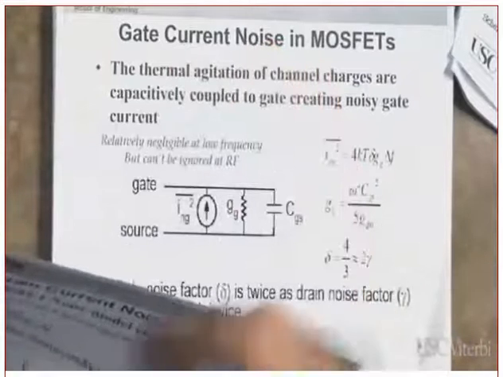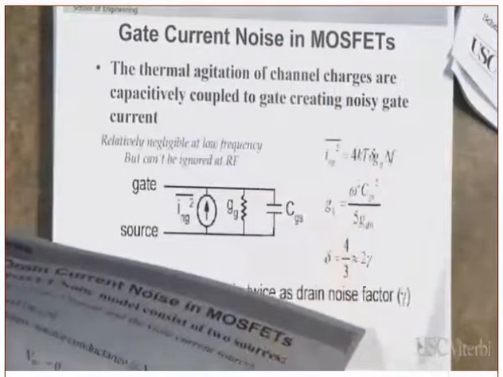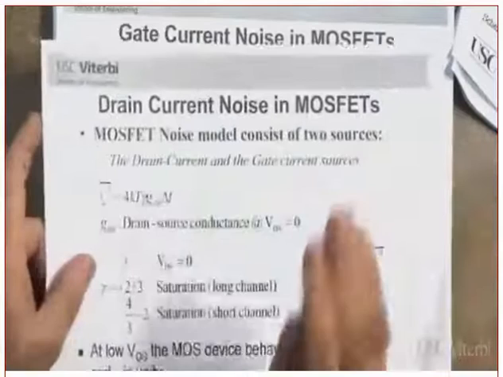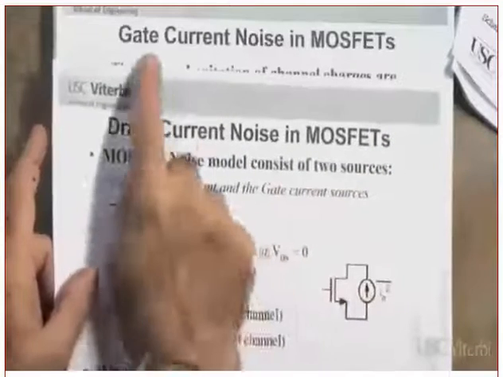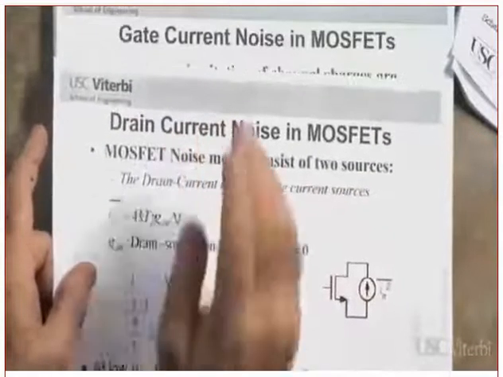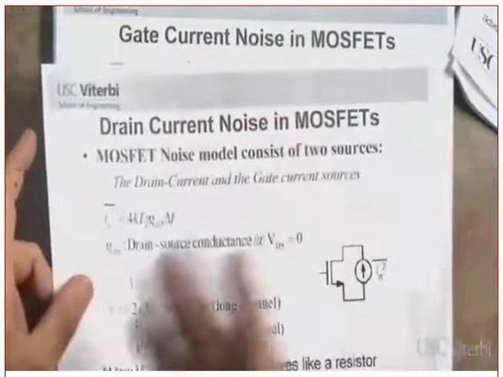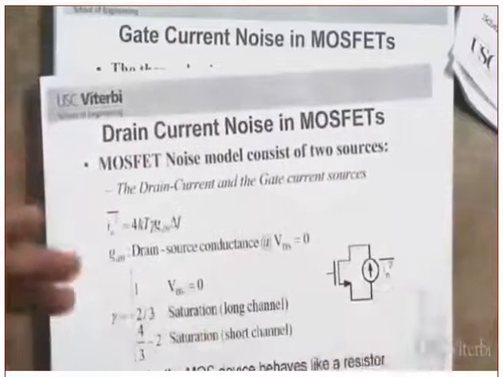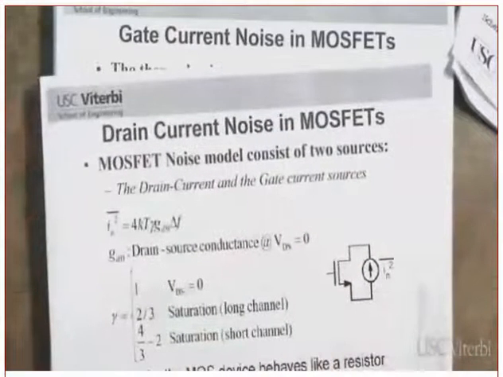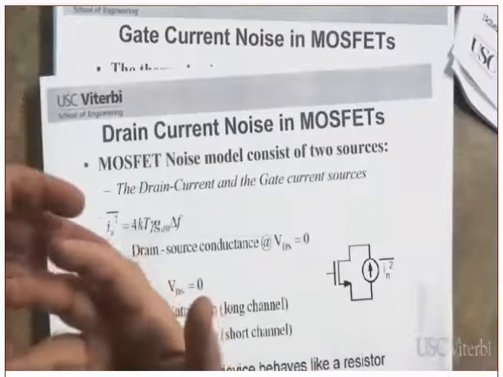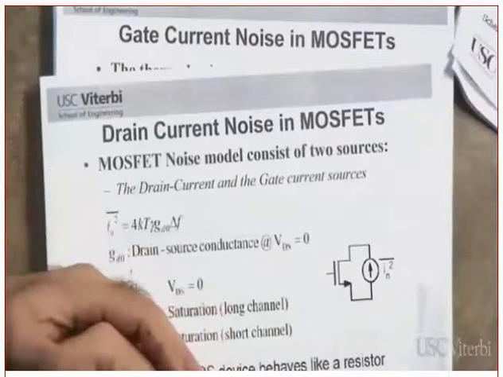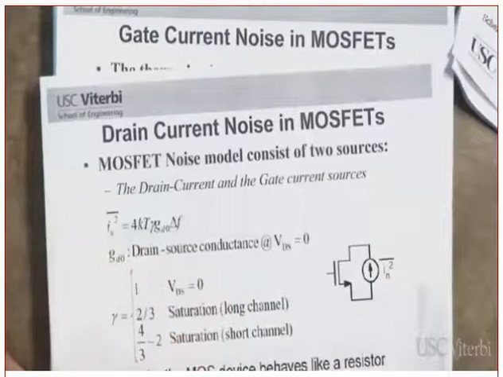However, these two noises are not totally uncorrelated. Some of them are generated from the same phenomena, which means there is some correlation between them. Did you get my point or not?